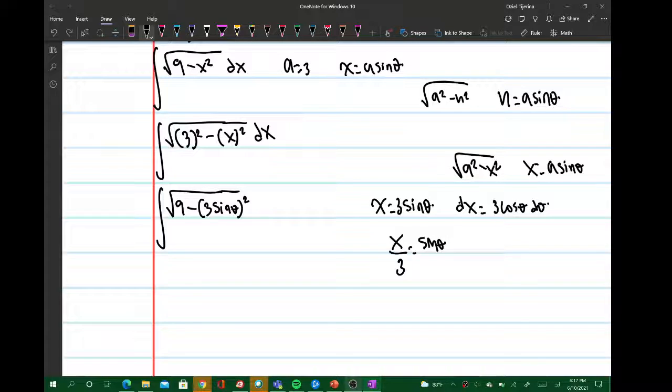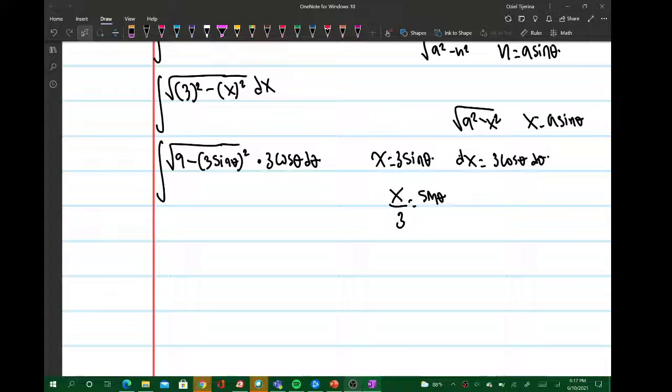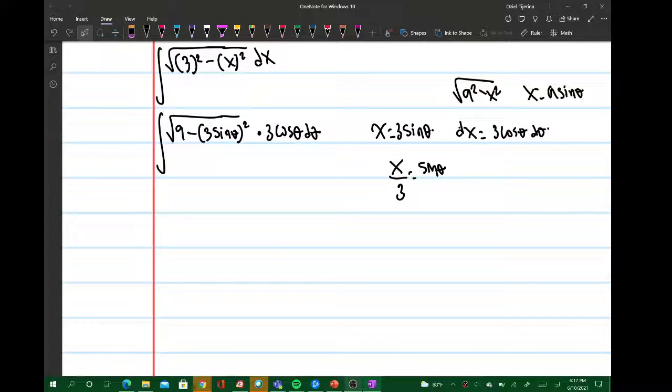And dx, like we said, was 3 cosine theta d theta. So basically, here we have the integral of the square root of 9 minus 9 sine squared theta times 3 cosine theta d theta.